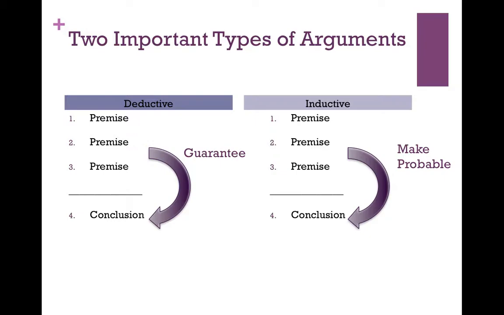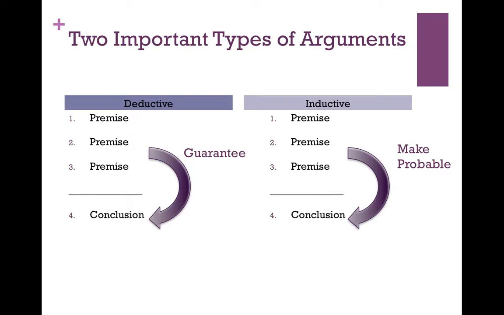You have to note that the difference between the arguments is really a function of how the premises relate to the conclusion. The difference is not about whether or not the premises are true. The difference is not about whether or not the conclusion is true. The difference is about the structure of the argument, how the premises are supposed to be related to the conclusion.